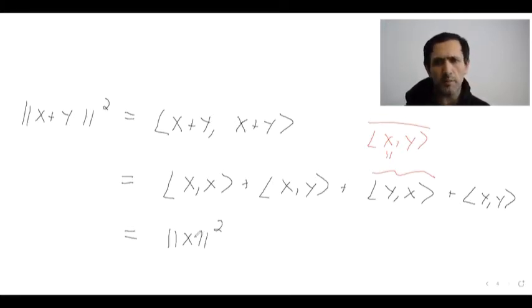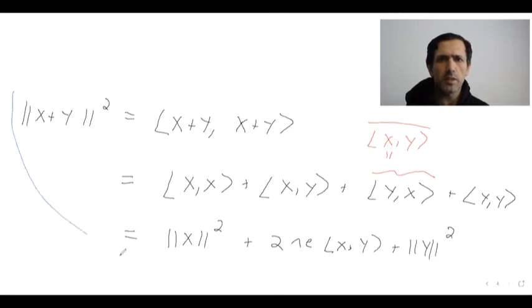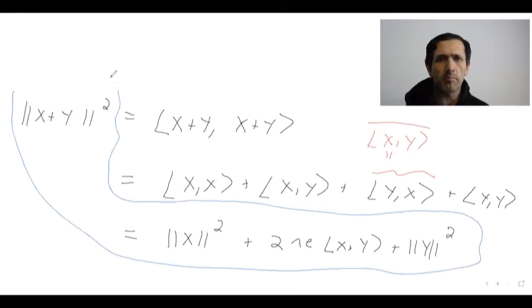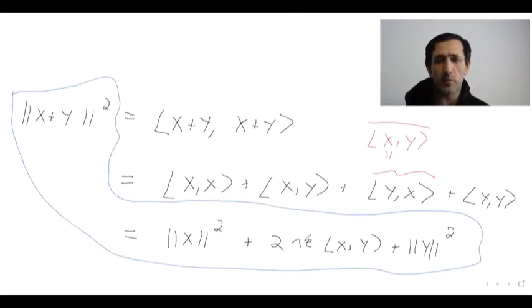So this is norm x squared plus 2 times the real part of (x, y) plus norm of y squared. Let me put this in blue here because I'll use this for the next result I prove. So let's continue on with this. Well, I always have that a real number is less than or equal to its absolute value.